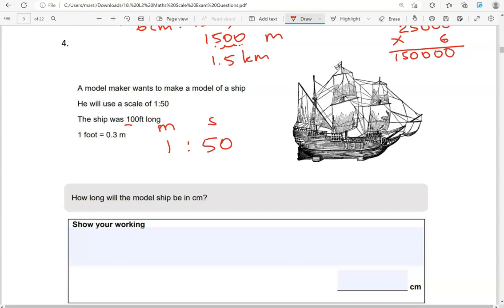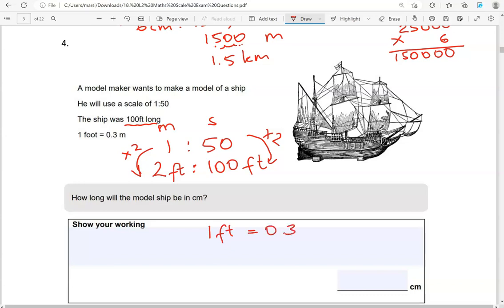So the ship was 100 feet long. So how many feet will the model be? How do you get from 50 to 100? That's by multiplying by 2, or doubling. So 1 times 2 now gives us 2, so 2 feet. 1 foot is equal to 0.3 meters.